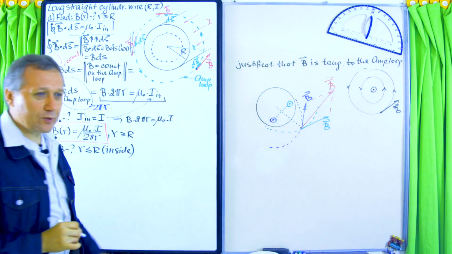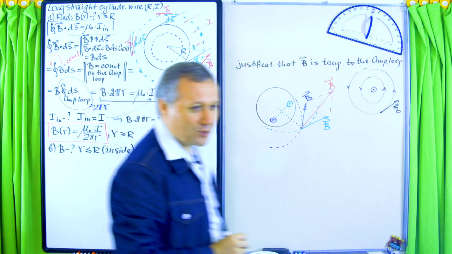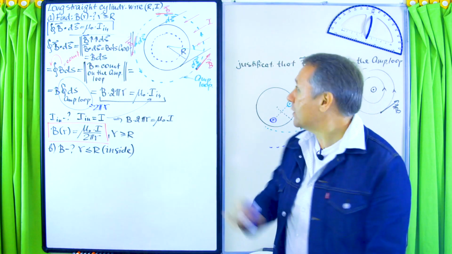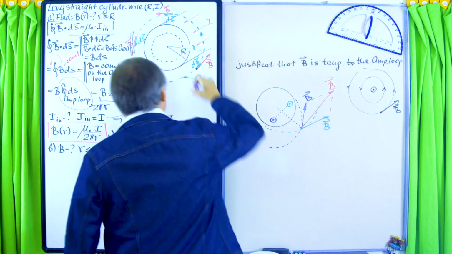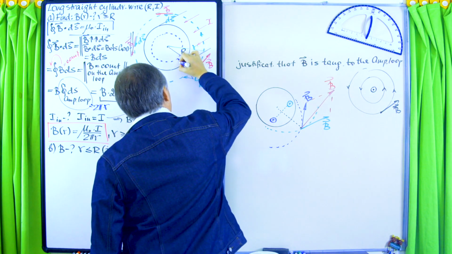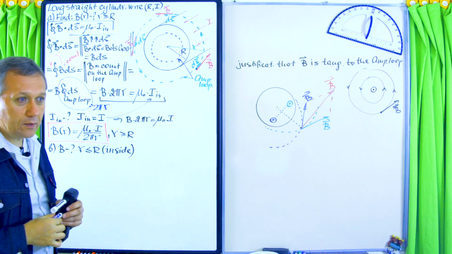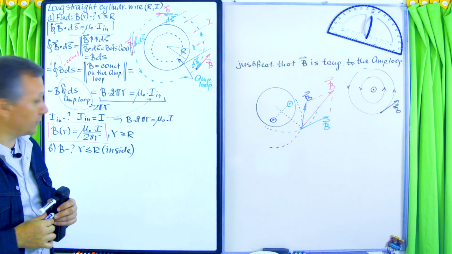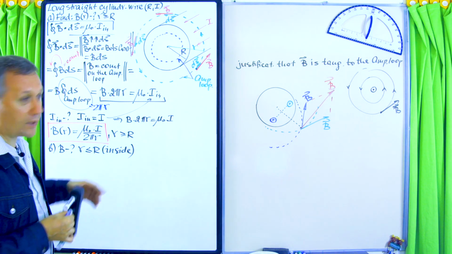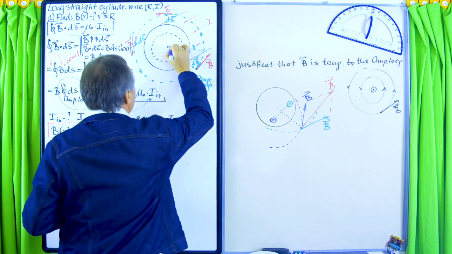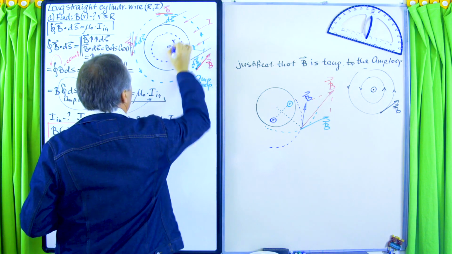Now recycling is popular, so I will also recycle pictures. So that's now my Amperian loop, right? And of some arbitrary radius r small, but of course r small now is smaller than r capital, right?